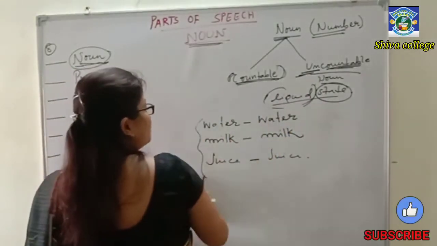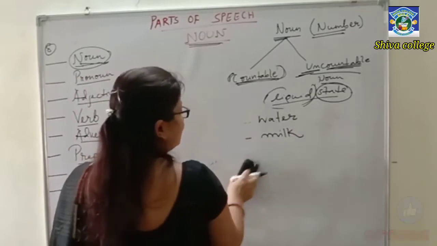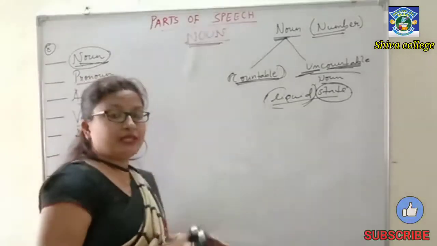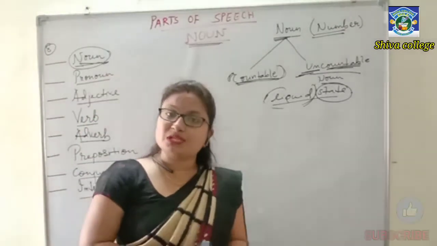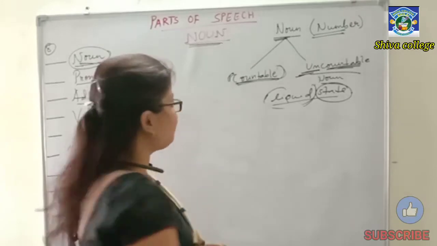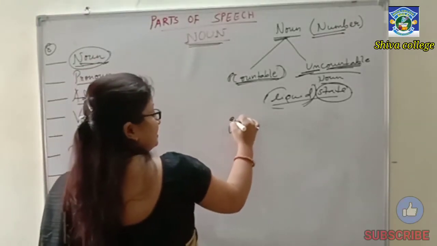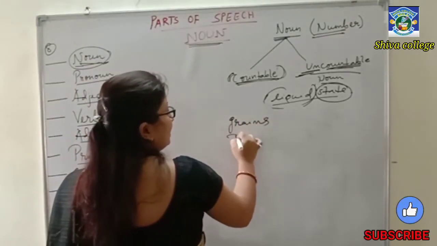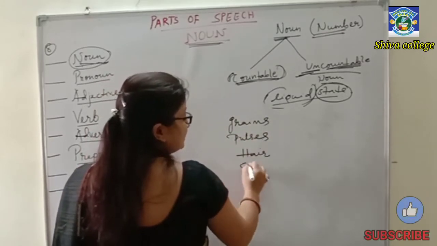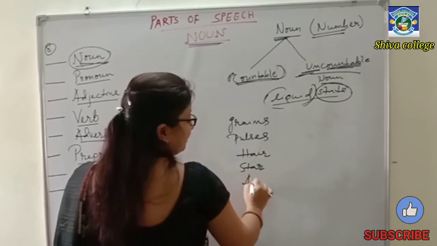Now, one more thing you should keep in mind, that the things which can be counted but it is useless to count. What are those things that can be counted but it is useless? Things like grains, pulses, hair, star, air.